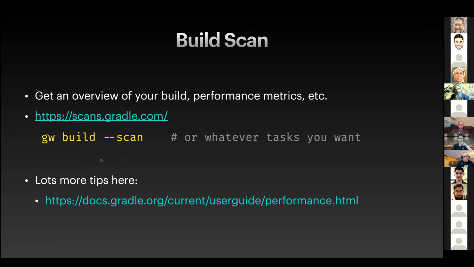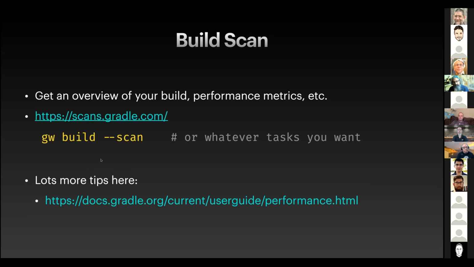When you go to that, it'll give you essentially a profile of your build. It'll show you how much time was spent on every different section, how much time was spent on configuration versus compiling versus testing versus resolving plugins, resolving dependencies, all that kind of stuff. You can see if there's anything that sticks out, and it'll be helpful. It'll also give you some tips if you haven't done some of these things like parallelization and so on. It'll point you in the direction of doing that.